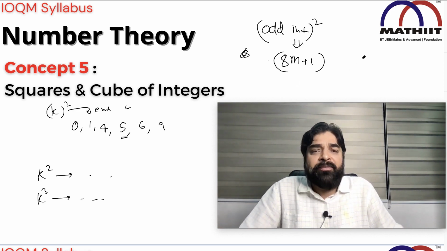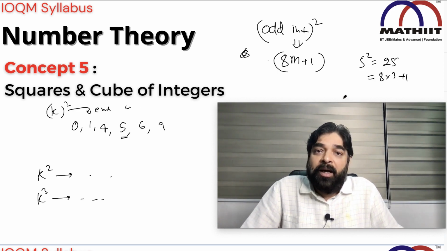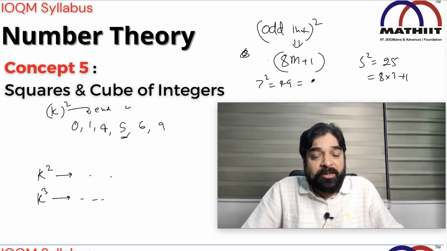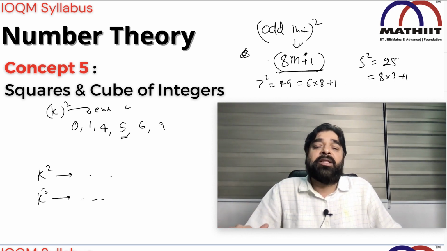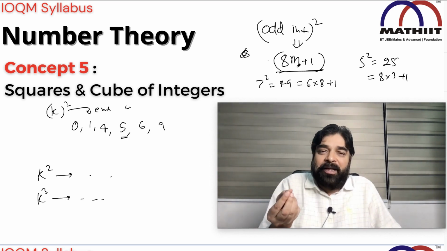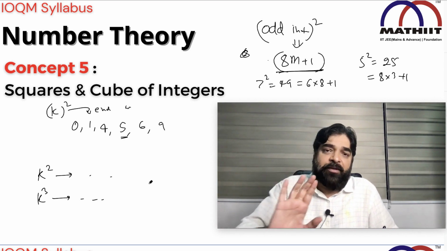Let's take 5. 5 square is what? 25. So 25 I can write as 8 into 3 plus 1. Understand? Any odd integer. 7 square, 49. 49 we can write as 6 into 8 plus 1. So the square of an odd integer will always come in the form of 8 into some integer plus 1. This is one of the properties I said. So many other properties will be there which you should study. Concept 5 is this.